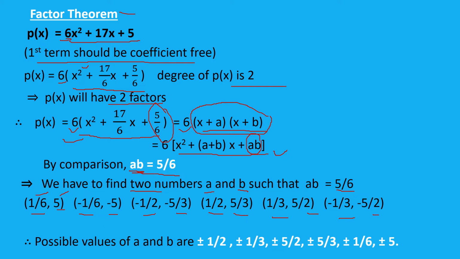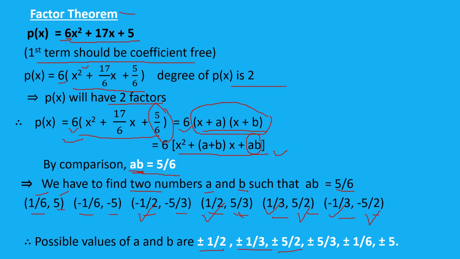So therefore, possible values of a and b, if we see here, 1/2 is here, plus 1/2 and minus 1/2, so we can write plus minus 1/2. Now here plus 1/3 and minus 1/3, so we have written plus minus 1/3. Then plus 5/2 and minus 5/2, so plus minus 5/2.